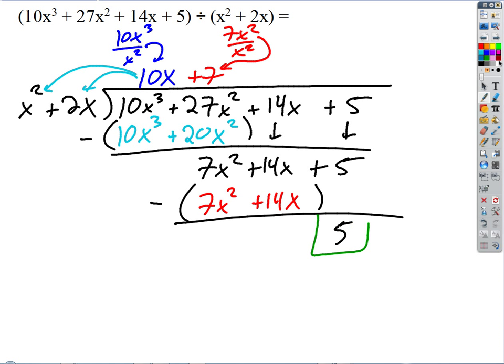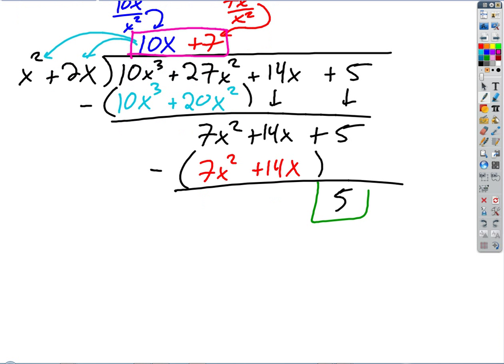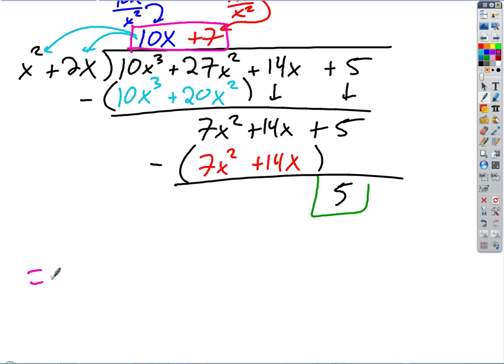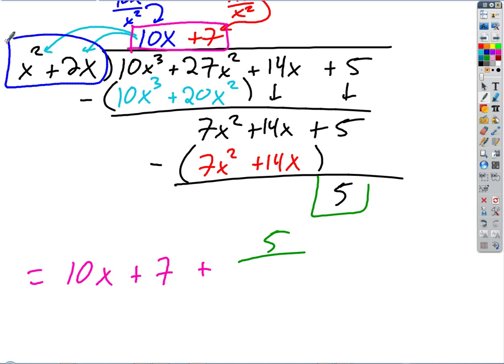So if we separate those two, our answer is going to look like 10x plus 7 plus 5 divided by x squared plus 2x.